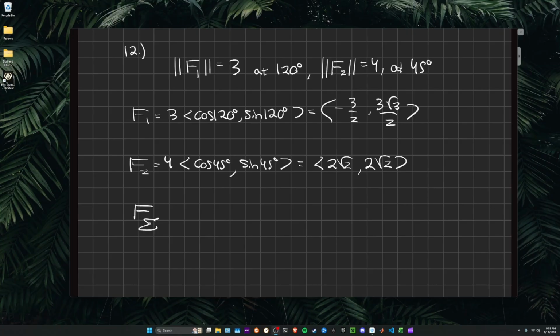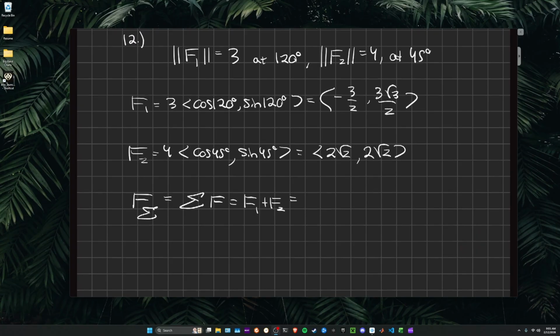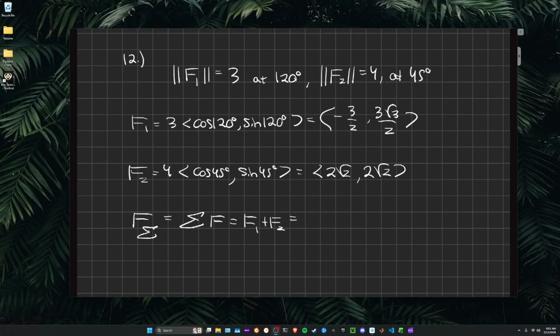Okay. So the resultant force, sometimes given by this notation, is just the sum of all the forces. So just F1 plus F2. Okay, so this would just be the vector 4√2 minus 3 over 2, and 4√2, what would this be? 3 plus 3√3 over 2.